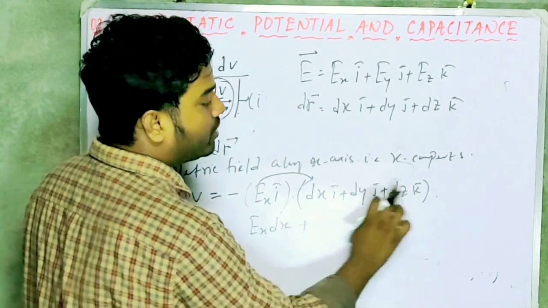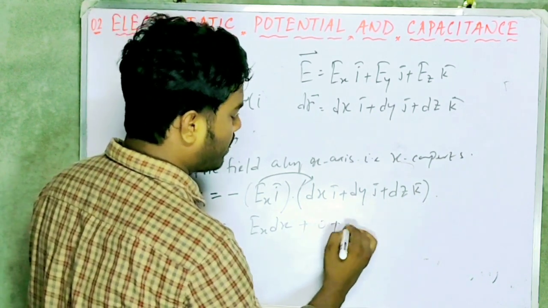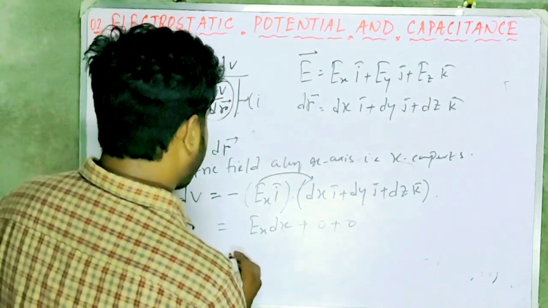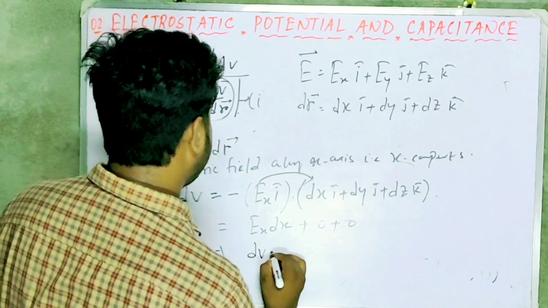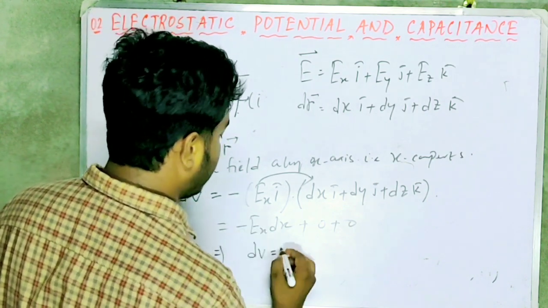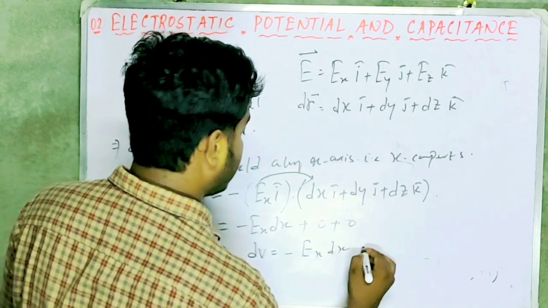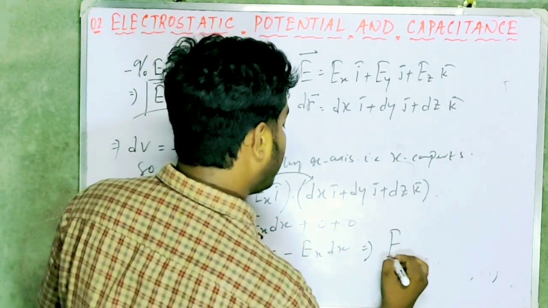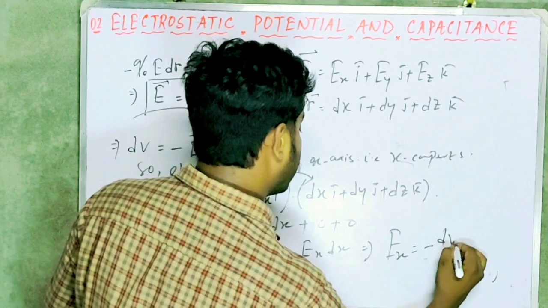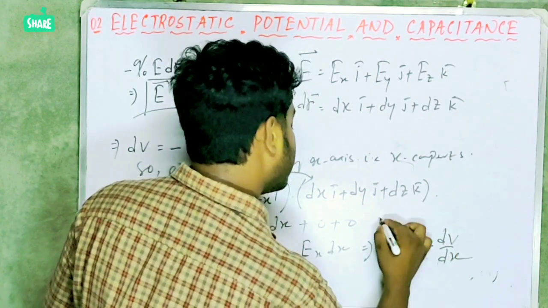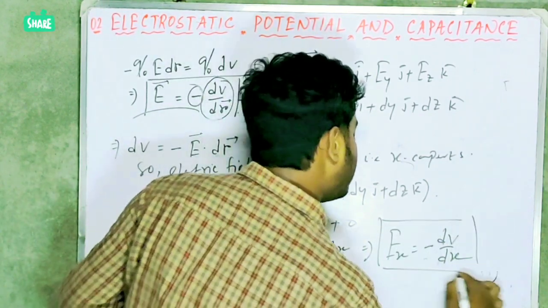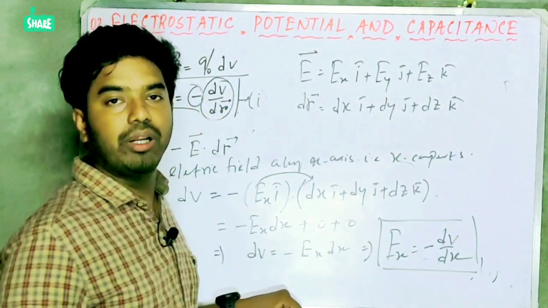Similarly, i dot k is also 0, 0 plus 0. So final expression, that is dV is equal to minus Ex into dx, that is Ex will be minus dV by dx. This is the electric field x component value.